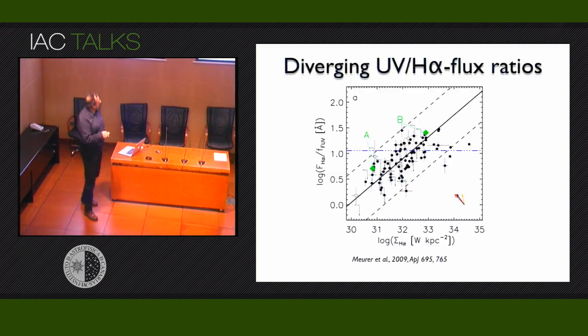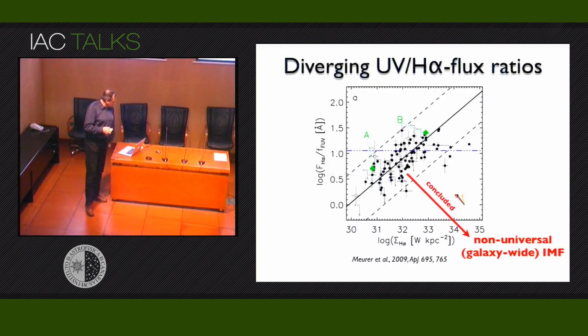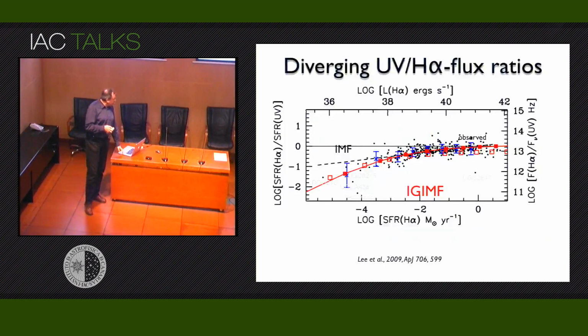There was first Meurer et al., who looked at the H-alpha surface density versus the H-alpha flux divided by the UV flux in a large sample of galaxies, and saw that the more H-alpha rich galaxies have a higher ratio than the H-alpha less rich galaxies, and concluded that there's a non-universal galaxy-wide IMF. A bit more directly comparable to our models is the Lee et al. result in the same year.